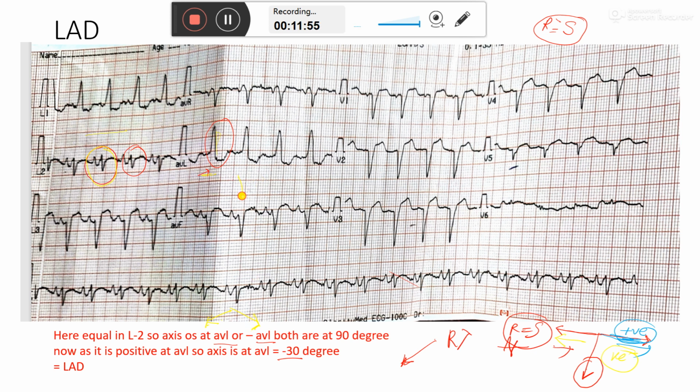If it remained negative in AVL, we could determine that it is away from AVL, towards negative AVL. Now the angle of AVL is minus 30 degrees, and from minus 30 degrees it is left axis deviation, so it is a case of left axis deviation.